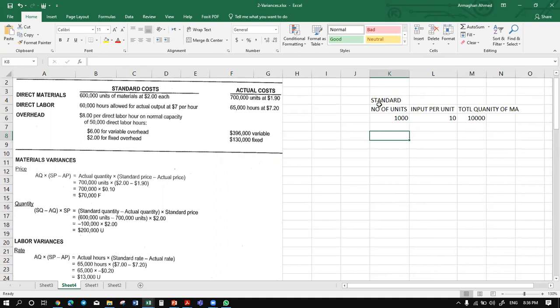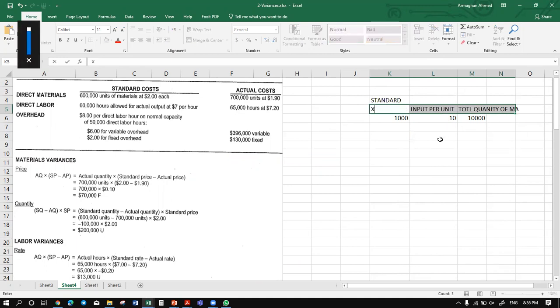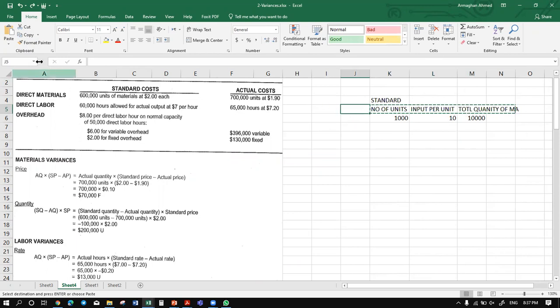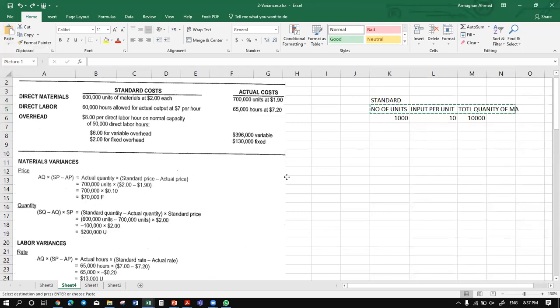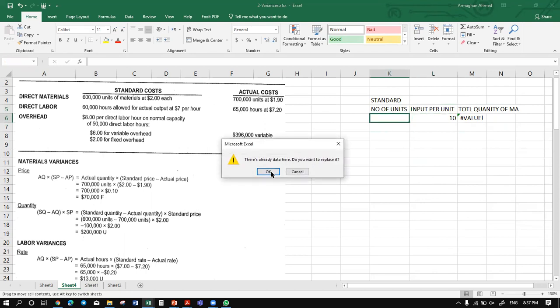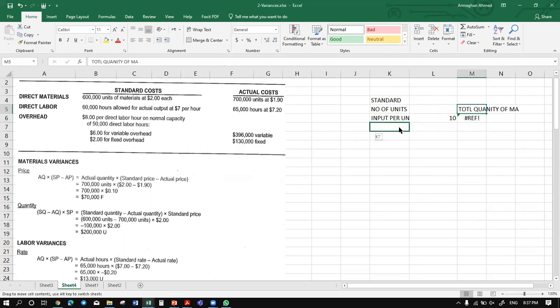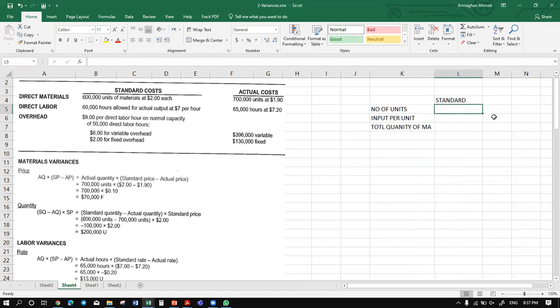But when it comes to the actual data, the standard we said number of units 1,000 and 10 is the per unit material.